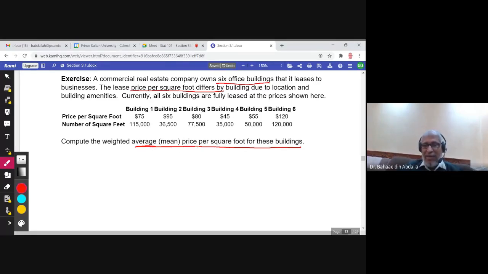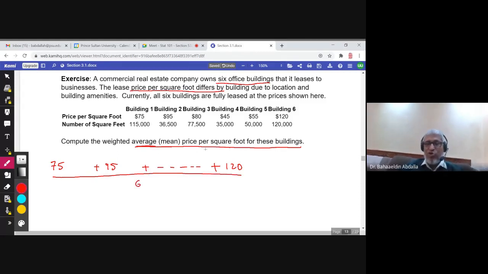You will add all the prices, 75 plus 95 plus up to 120, and you will divide by 6 because there are 6 buildings. This would be the usual average or usual mean price per square foot.